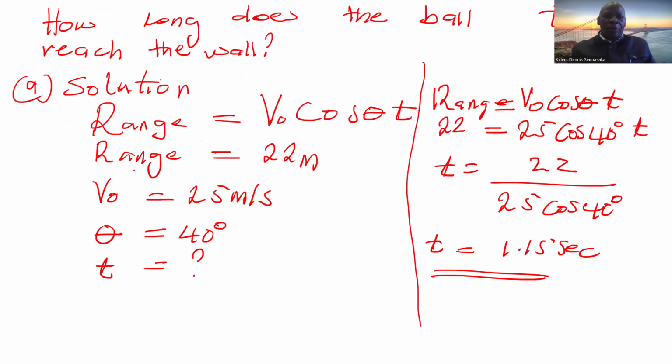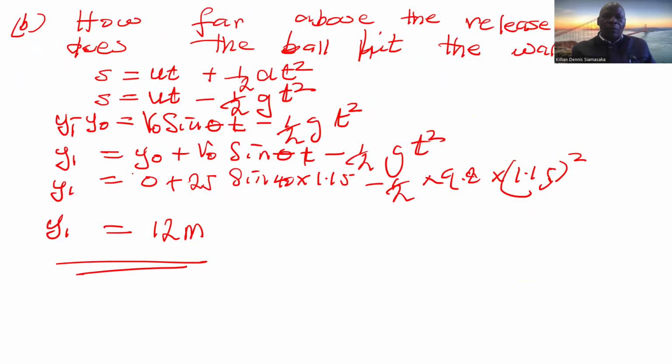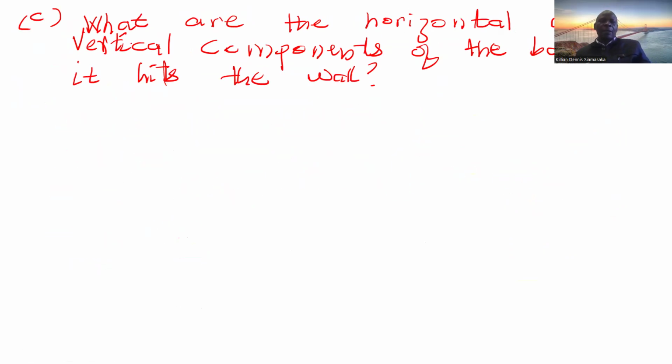The second question is part C. What are the horizontal and vertical components of the motion? Remember, we said that the horizontal motion is x1 minus x0, which is V0 cos theta multiplied by the time.